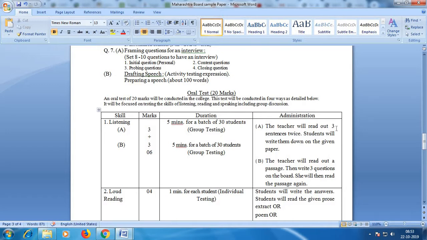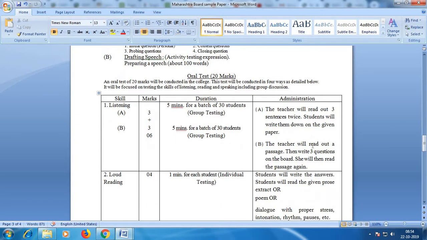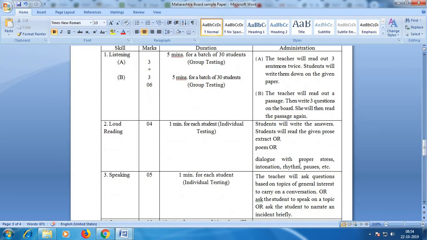The teacher will read out 3 sentences twice and students will write them down on the given paper. The teacher will read out a passage, then write 3 questions on the board. She will then read the passage again. So, definitely students will have to answer.